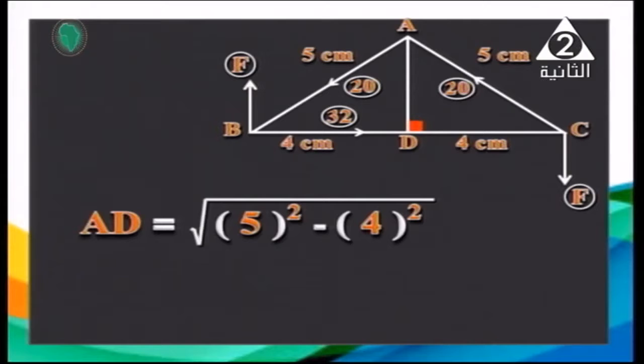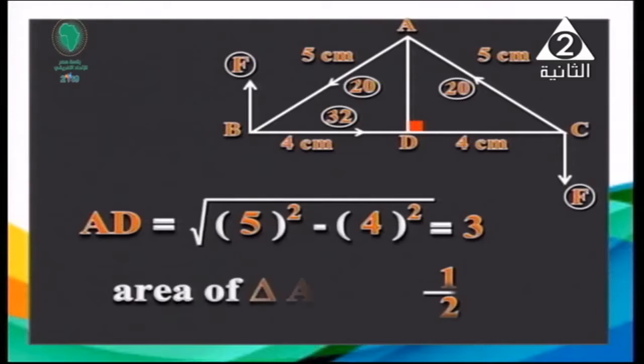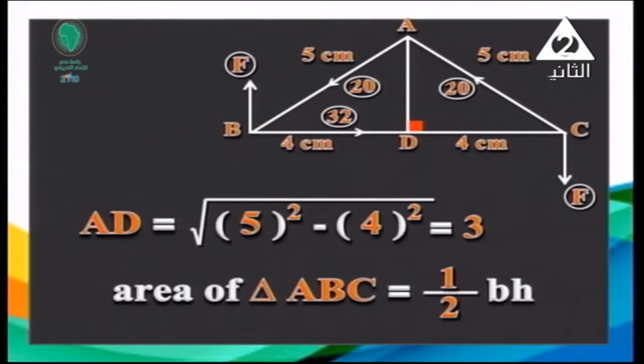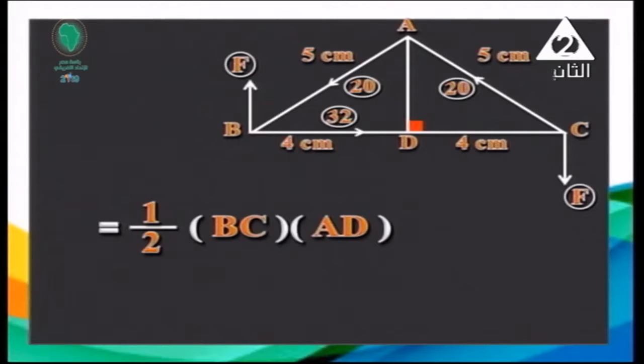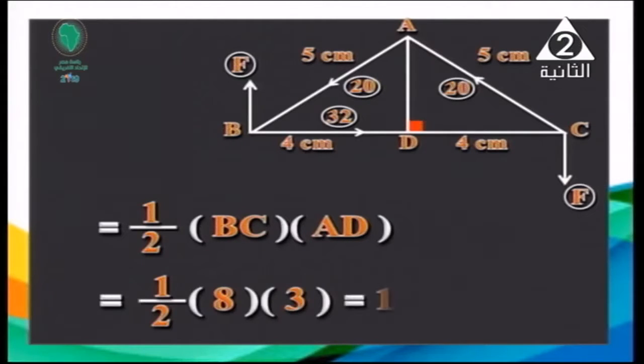Because in an isosceles triangle, the perpendicular drawn from the vertex bisects and is perpendicular to the base. Then AD, by the Pythagorean theorem, is the square root of 5 squared minus 4 squared, which equals 3. Then AD equals 3 centimeters. The area of triangle ABC is half base times height. Therefore, the area of the triangle is half of 8 times 3, equals 12 centimeters squared.